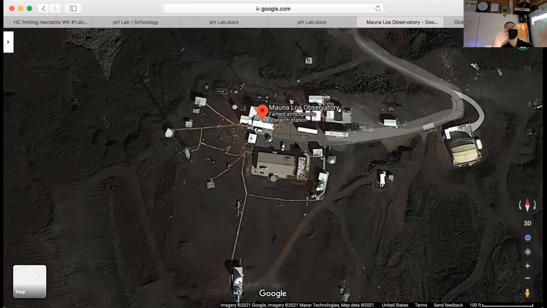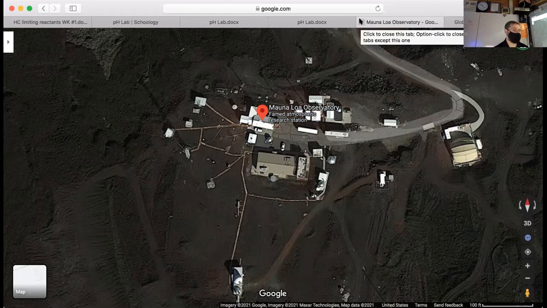See, if you were to monitor the atmosphere of the planet near a city, from summer to winter, daytime, nighttime, as we're burning fuel and driving around, you get very rapid changes in concentrations. So the top of Mauna Loa is famous for being a place where we measure the amount of carbon dioxide that's in our atmosphere. And it turns out that when carbon dioxide is in the atmosphere, it also ends up in the ocean.